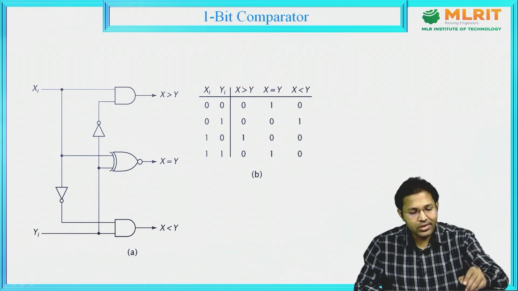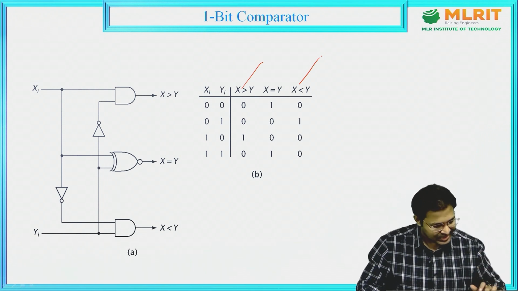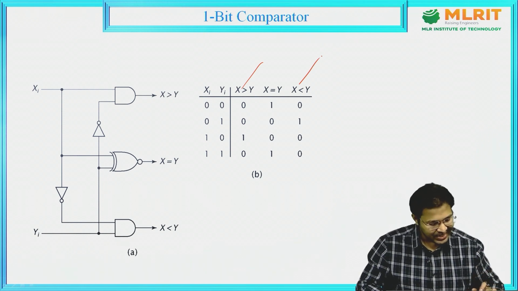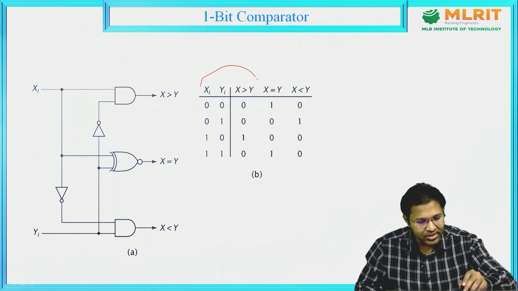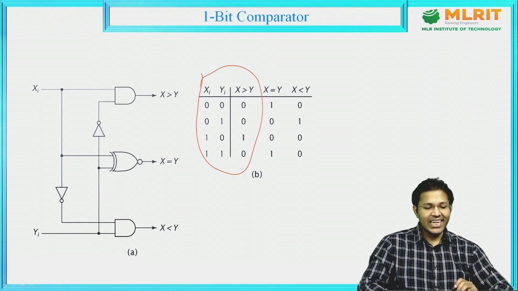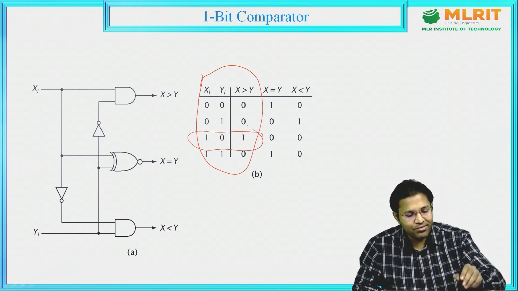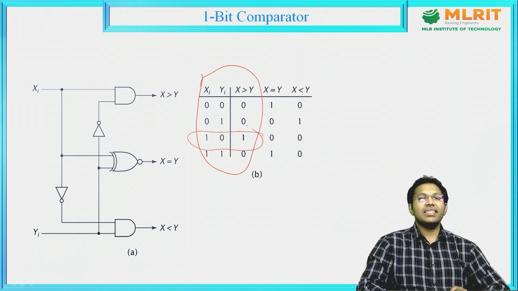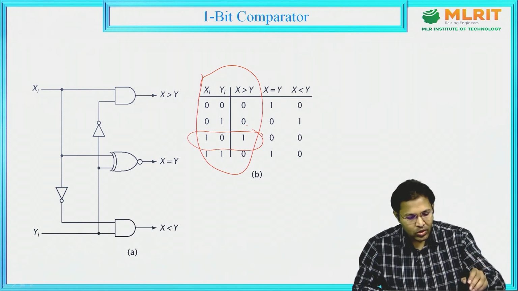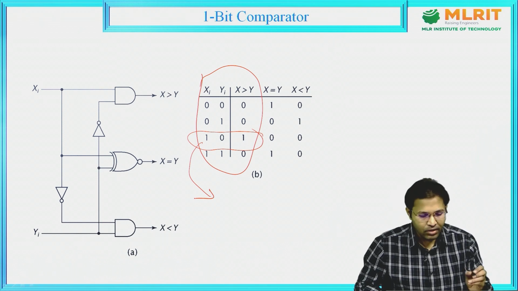Now, what about this one and this one? First let us analyze the first output column, for which we have to closely look at this. Here in this case, there is only one situation where the output is 1. So easily we can get the Boolean expression for this. How?